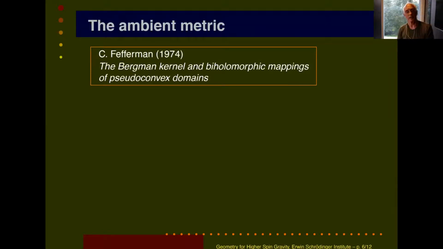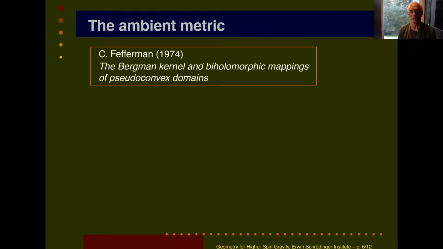And the really remarkable thing which is proved in this article is that in the pseudo-convex case, which means basically the boundary is convex under an appropriate holomorphic change of coordinates, there's this gadget called the Bergman kernel, which gives rise to a metric.